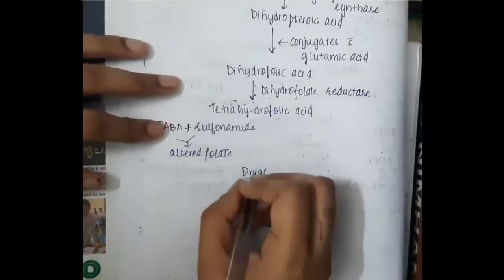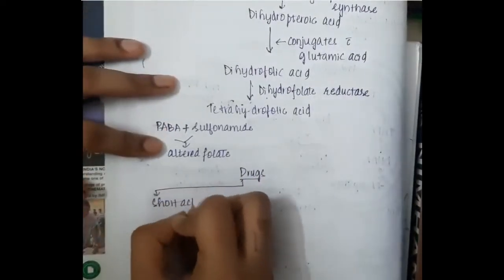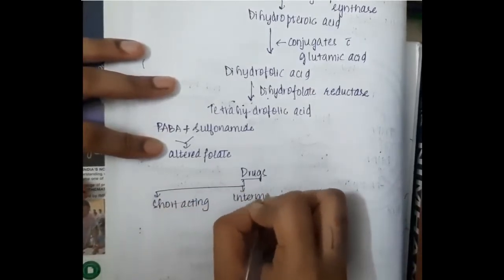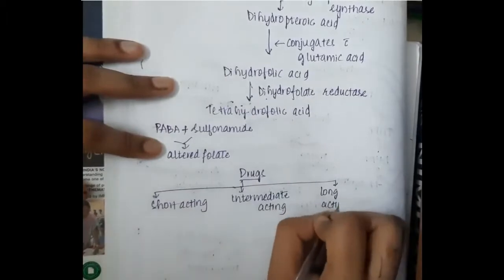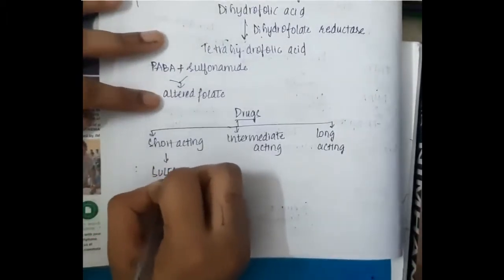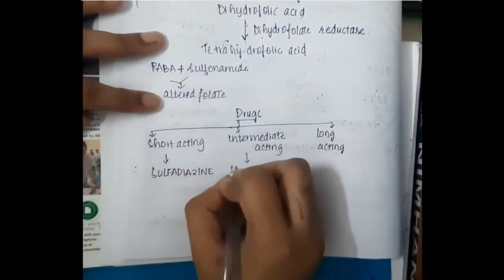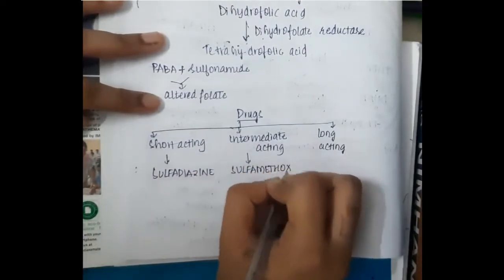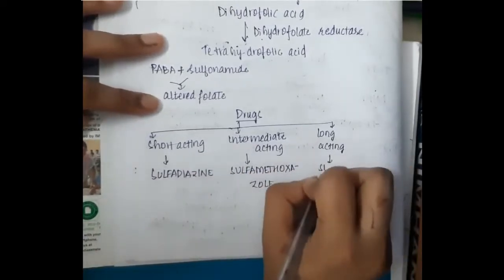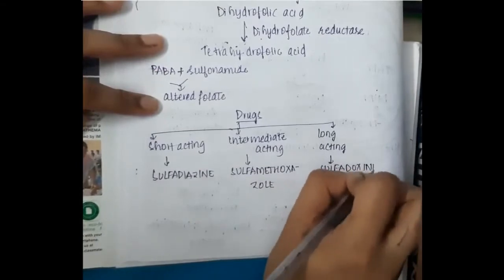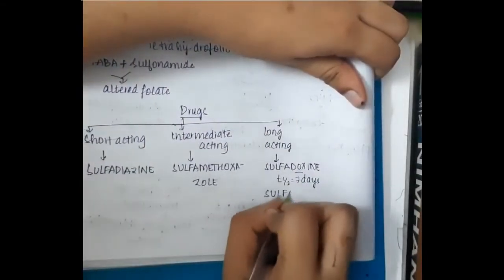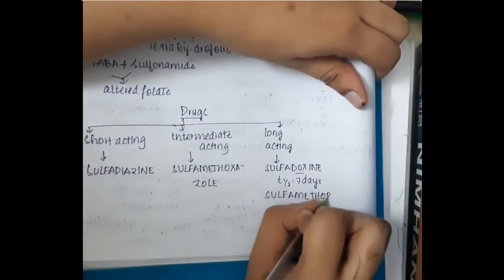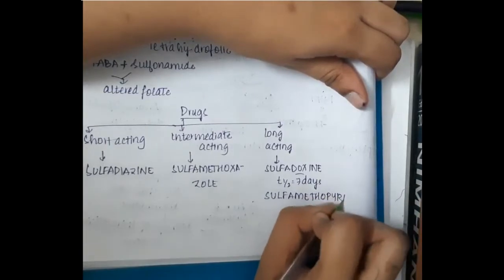Now if you see the drugs, the sulphonamides are divided into three types called short acting, intermediate acting and long acting drugs. Short-acting drugs include sulfadiazine. Long-acting drugs include sulfadoxine, whose half-life is 7 days, and we also have one more long-acting drug.